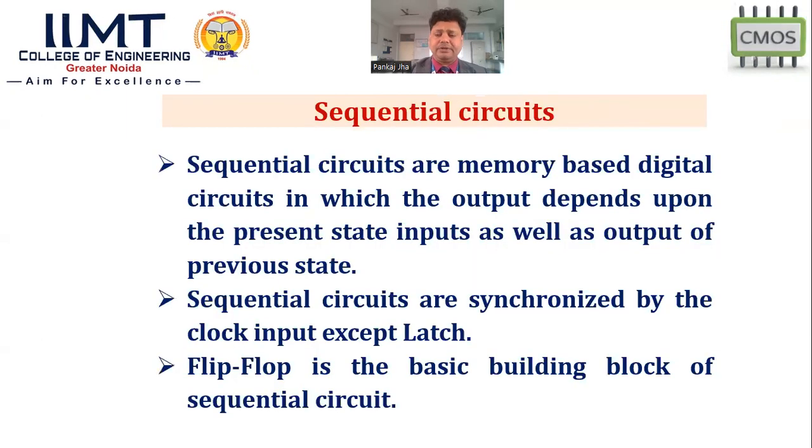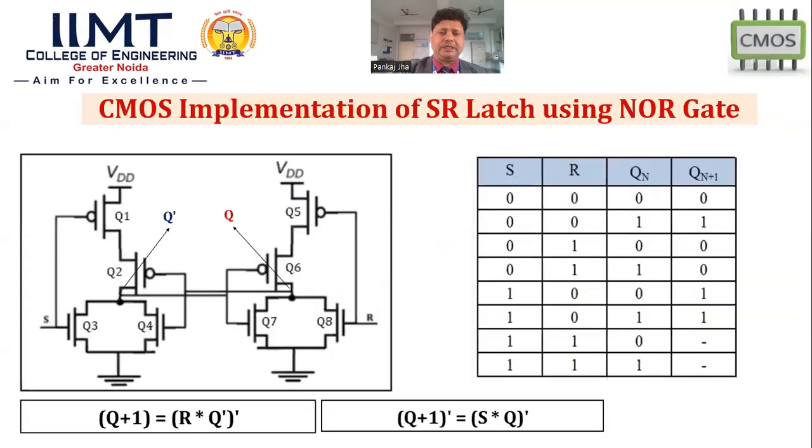The same circuit we will implement using CMOS implementation. That is, this gate will be replaced by a CMOS circuit. You can see here I have implemented a CMOS implementation of the NOR based latch in which the output Q is connected in parallel with S, that is transistors Q3 and Q4.